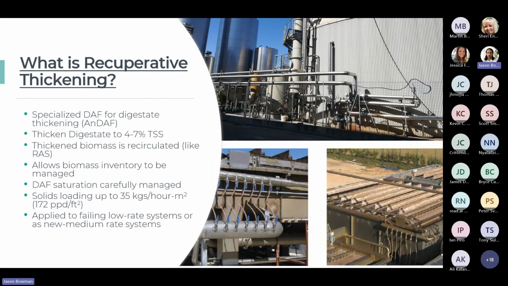But generally speaking, this dissolved air flotation process is used to thicken digestate and return a very specific portion of the thickened digestate back to our digester. The point is that most classical digester designs really have very little control and minimal biomass control. So recuperative thickening allows us to automate the biomass inventory, which provides a much higher operational flexibility. It also allows us to better manage alkalinity and volatile fatty acid ratios.